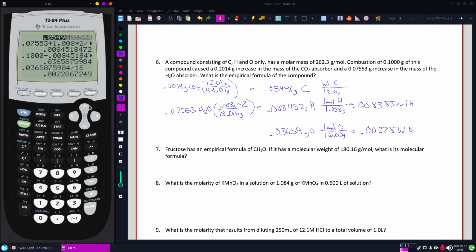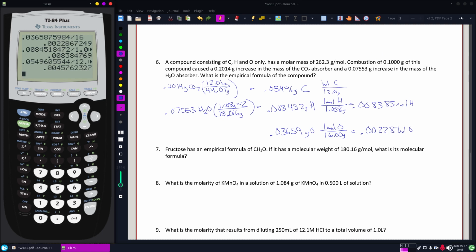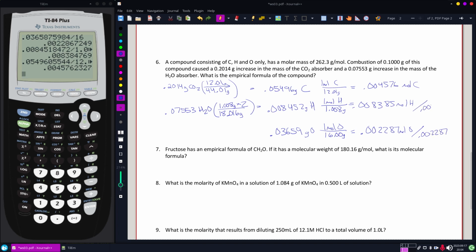Yeah. So the carbon there divided by 12.01, we get that the carbon is 0.004576 moles. Alright, the oxygen's the lowest, so I'm going to divide everything by that 0.002287.